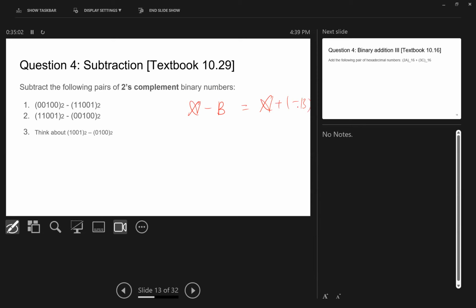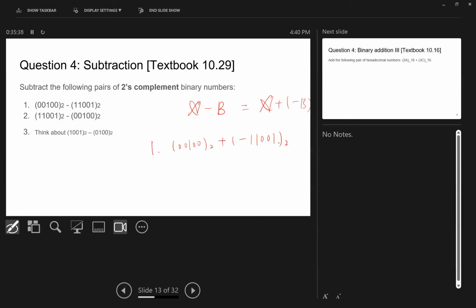So for subtractions with 2's complement, we can also apply this rule. For the first notation, since we are going to negate these numbers, we can apply the two steps we mentioned before.